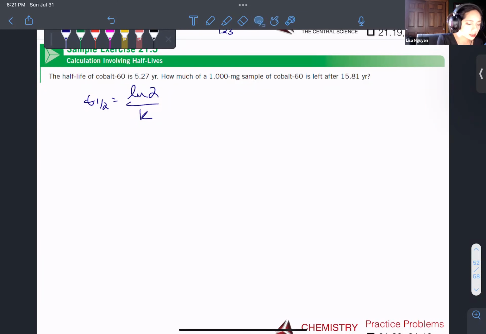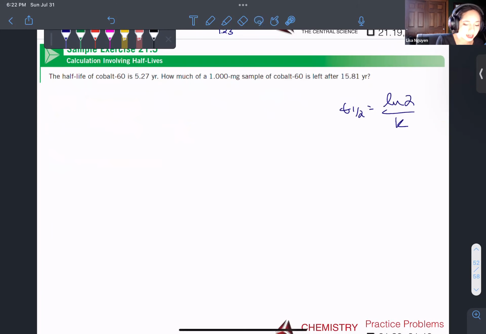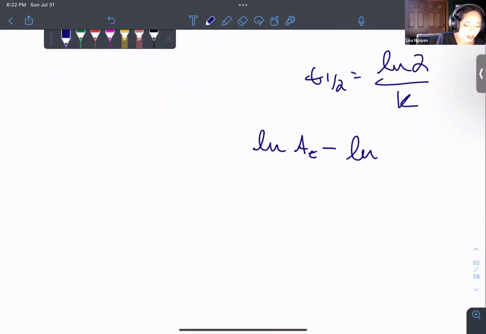So given this information in our T1/2, we can relate our half-life that is given and the rate constant. And that's important because in some questions where we need to use the integrated rate law and not a T1/2 calculation, we need to use k in the integrated rate law, not the half-life value.